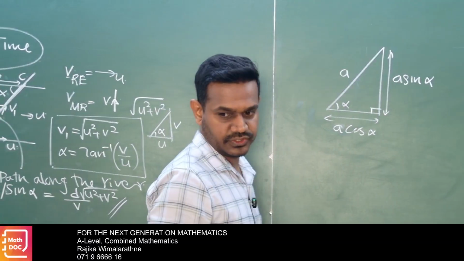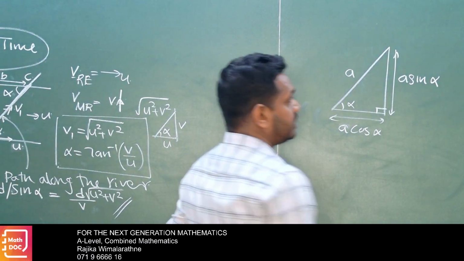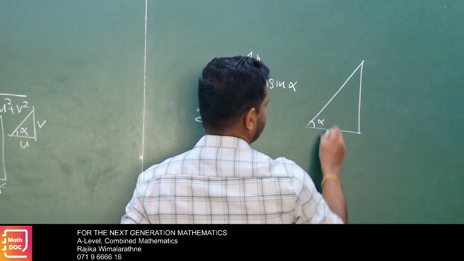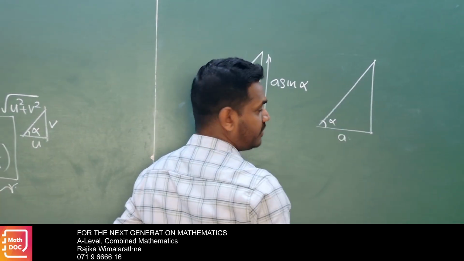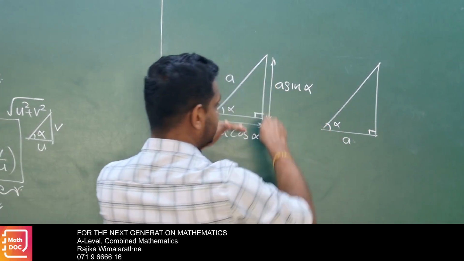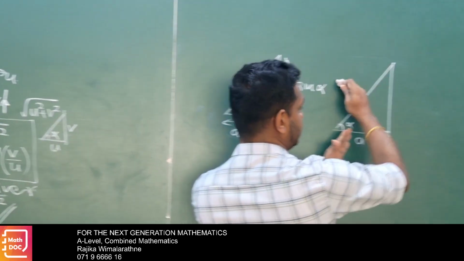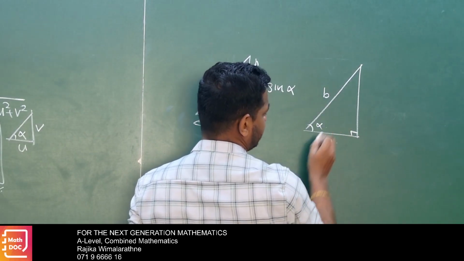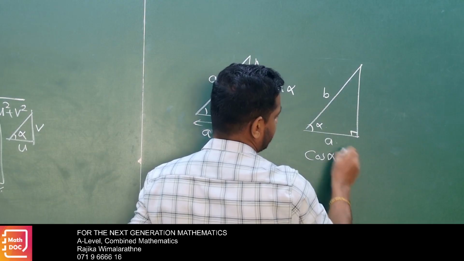That's how we usually resolve. Then consider this angle alpha at this point, with this length A. Now we have to resolve to the hypotenuse, which we resolved previously. Consider it as B. Then cos alpha is A divided by B.